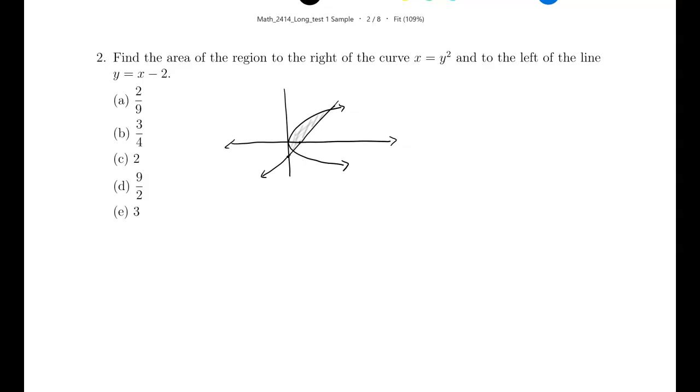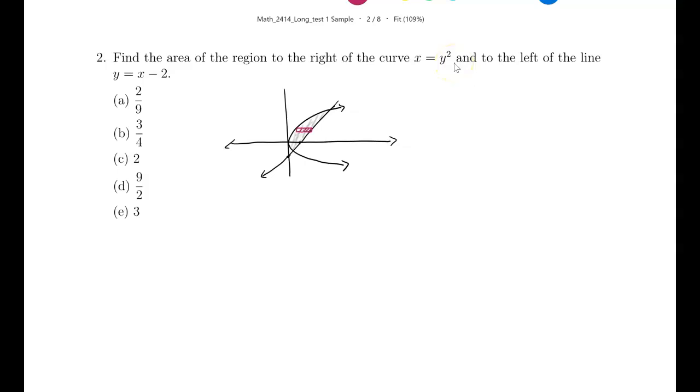Now, in your test, you can choose whichever you think is easier, in terms of what is given to you. I can use a horizontal strip because I have here x in terms of y.